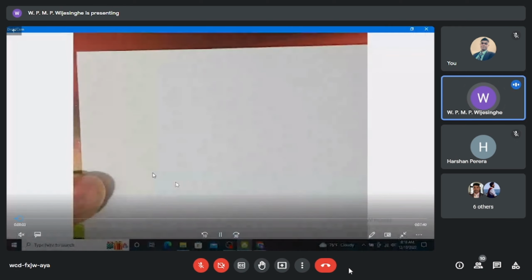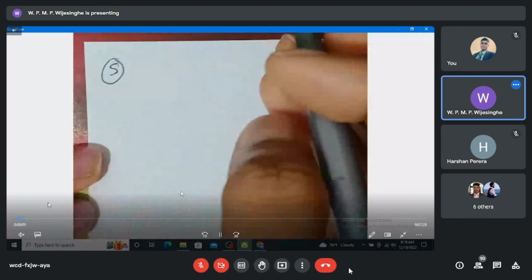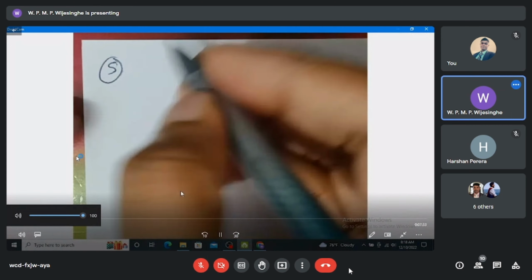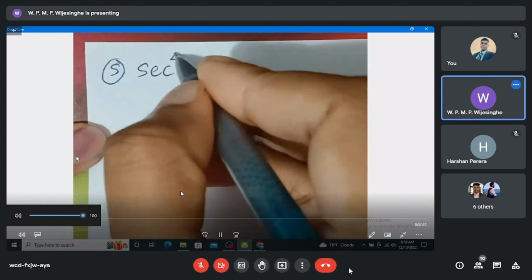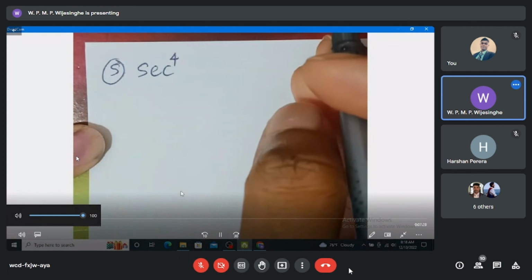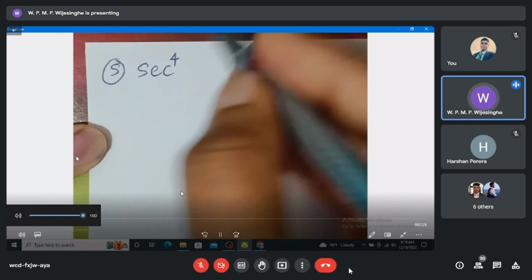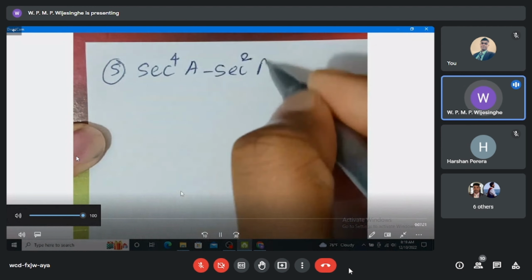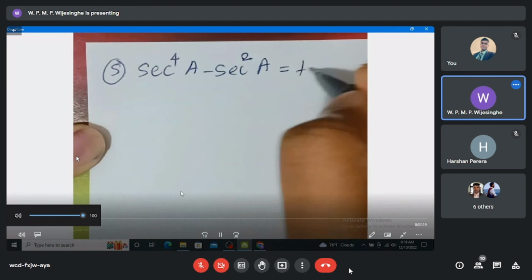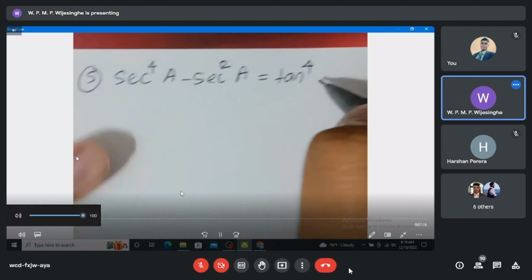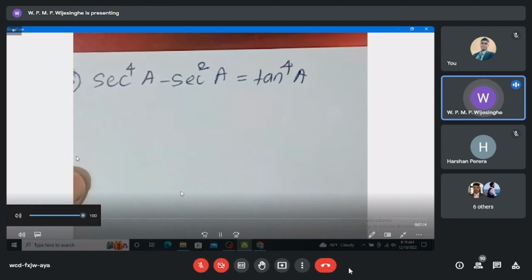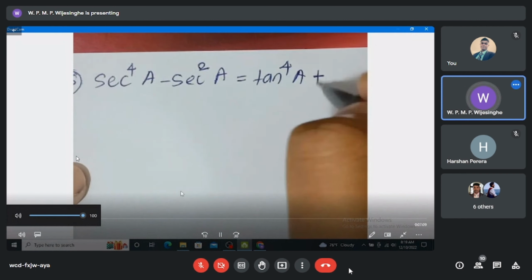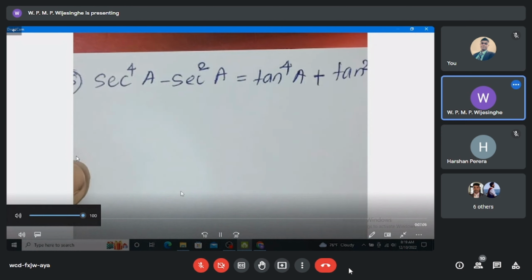Let's do one more question. It is sec to power 4A minus sec to power 2A is equal to tan to power 4A plus tan square A, right?